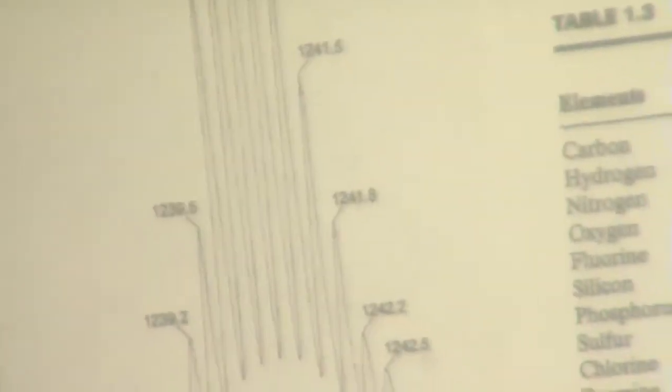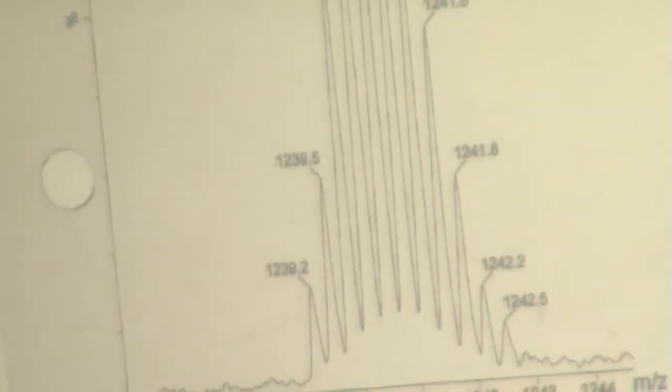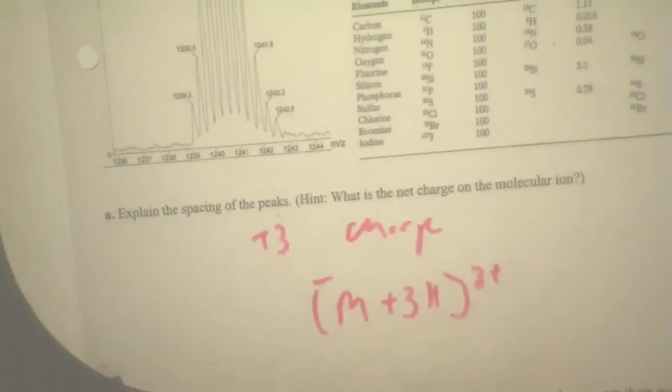So you could have 1 C13. You can only have one unusual isotope for this one. What other important contributors are there going to be to this peak at 1239.5? Nitrogen and sulfur. And which will be a bigger contributor, nitrogen or sulfur?